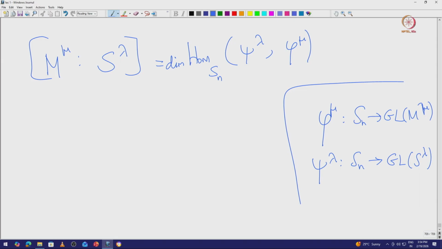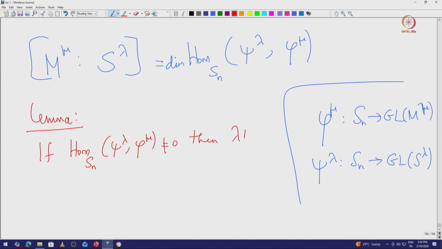So we can actually conclude that here is the lemma. If this multiplicity is non-zero, then we must have that lambda dominates mu. So if Hom_Sn of xi lambda and phi mu is non-zero, then lambda dominates mu.